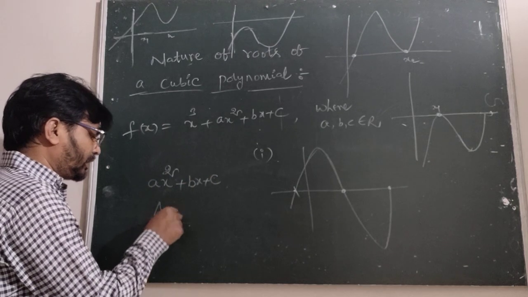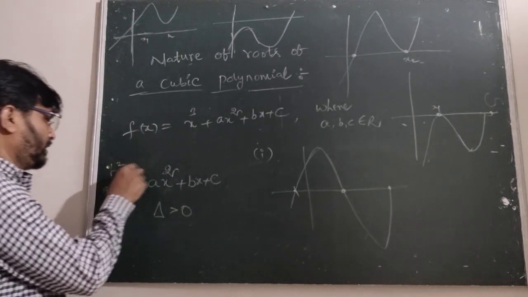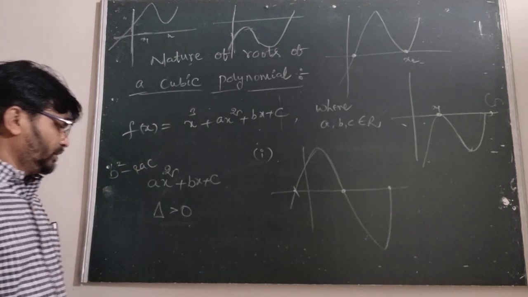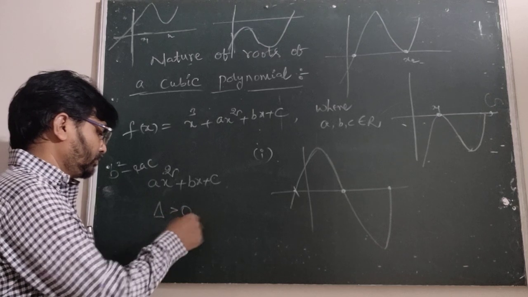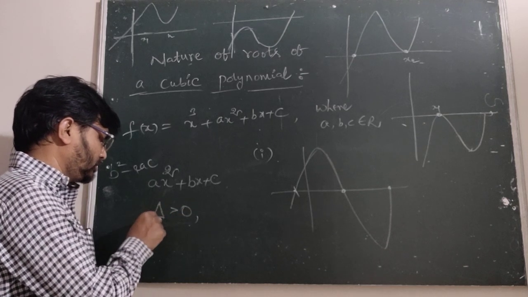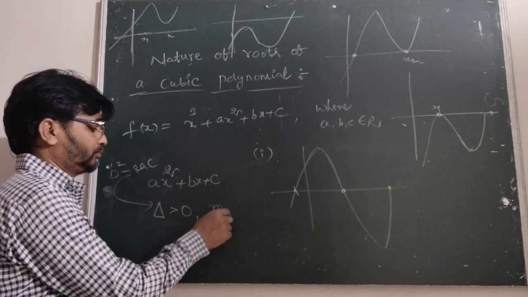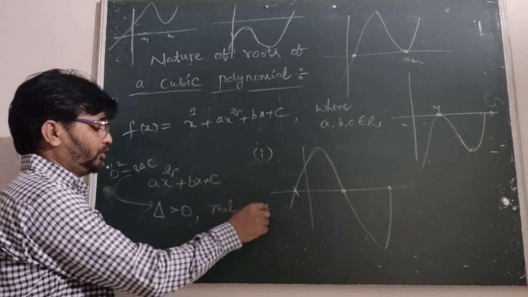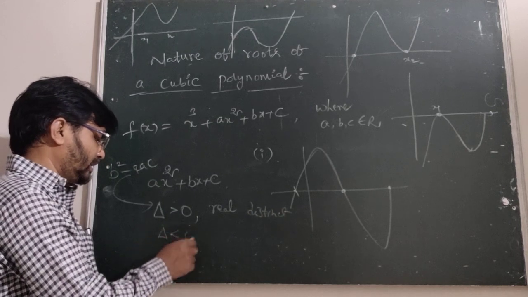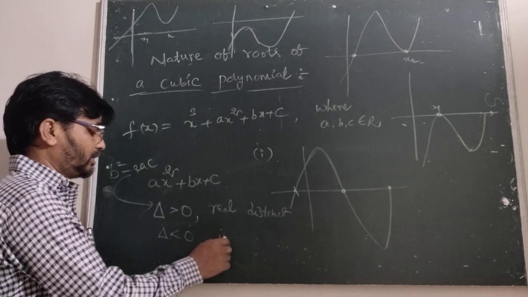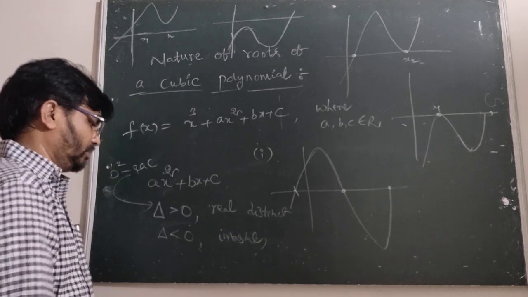If delta, meaning the discriminant b square minus 4ac, is greater than 0, then the nature of roots are real and distinct. If delta is less than 0, the roots are imaginary, or conjugate complex numbers.